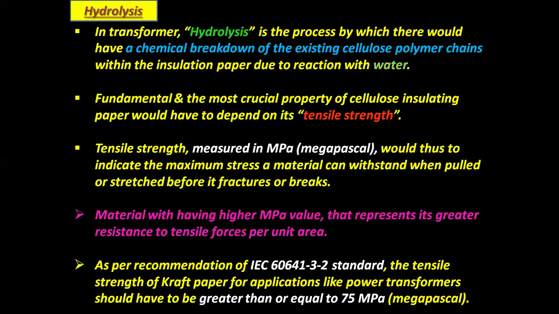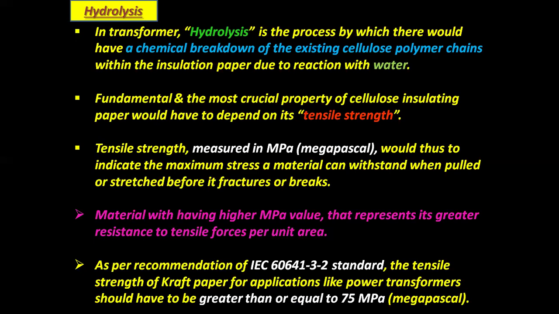Hydrolysis. In a transformer, hydrolysis is the process by which there is a chemical breakdown of the existing cellulose polymer chains within the insulation paper due to reaction with water. The fundamental and most crucial property of cellulose insulating paper depends on its tensile strength.